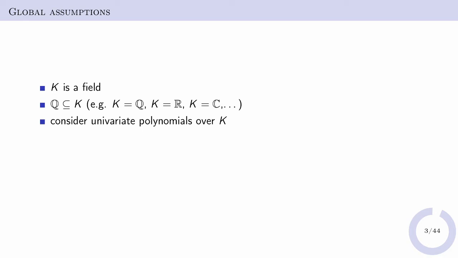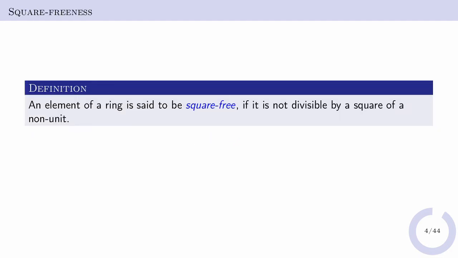Normally, K will be the field of real or complex numbers, or possibly the field of rationals itself. It doesn't really matter. The important assumption is that the rationals are contained in K, and we will consider polynomials over K.